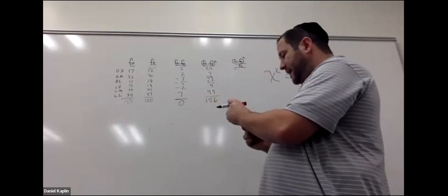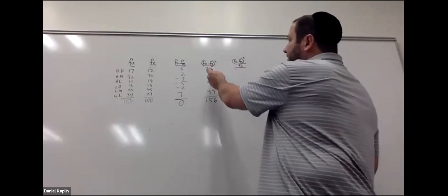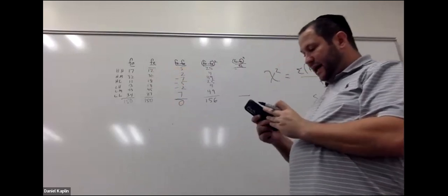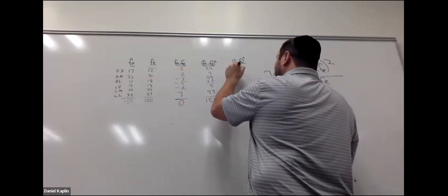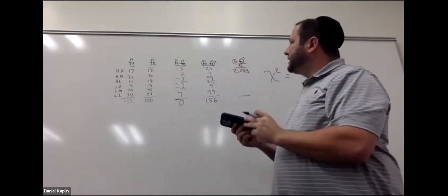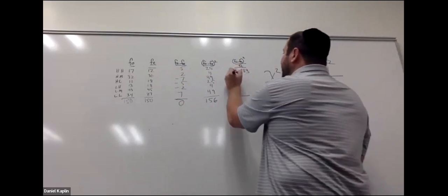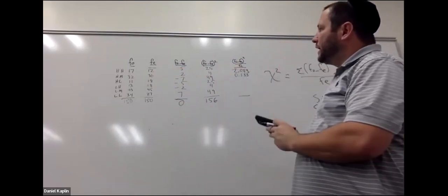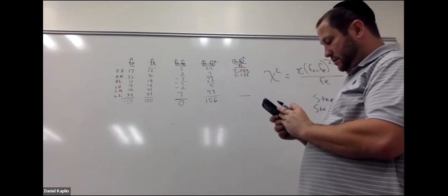Now, the next thing we have to do is get the actual chi-square value. So we have to take this number divided by this. What is 25 divided by 12? That's going to give us 2.083. And then we say, what is 4 divided by 30? That's going to be 0.133. What's 49 divided by 18?